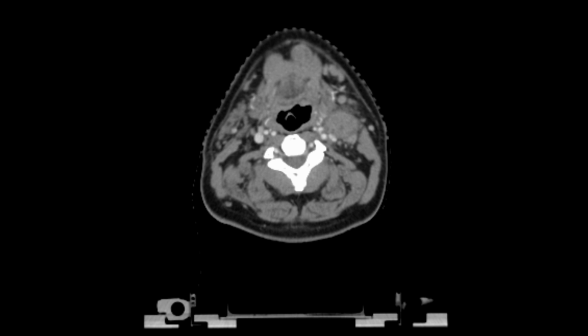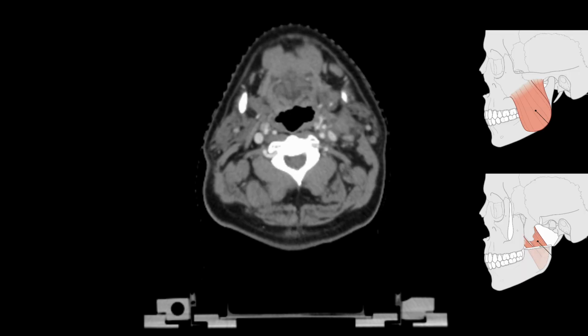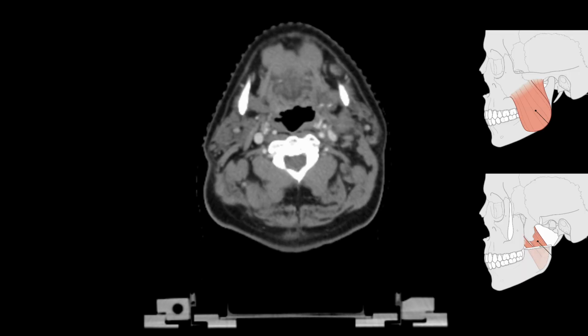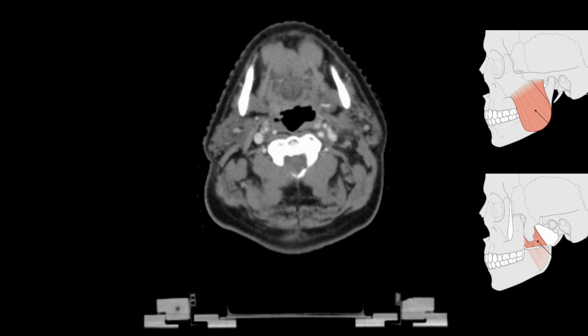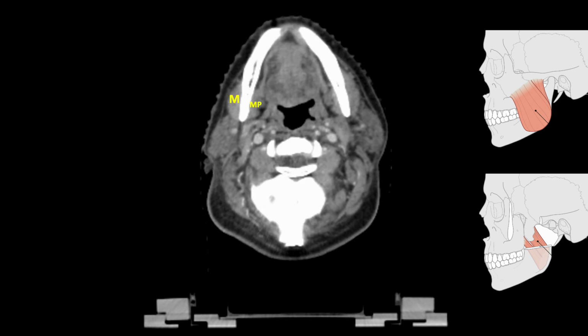So we will now see another patient. Again, starting from caudal and going up cranially. We can now see the mandible. You can see two muscles attached to it, one medial to it, that is the medial pterygoid, one lateral to it, that is the masseter. So let's continue to scroll cranially.